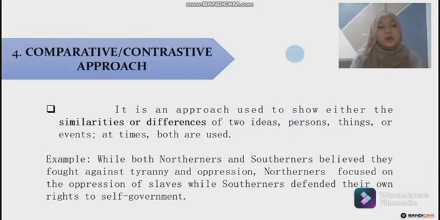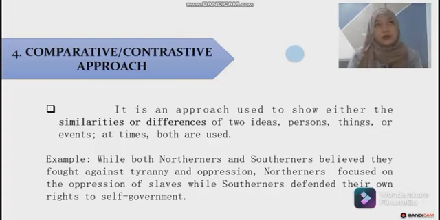For number 4, comparative and contrastive approach. It is an approach used to show either the similarities or differences of two ideas, persons, things, or events. At times, both are used. I know, guys, that you are familiar with the Venn diagram.